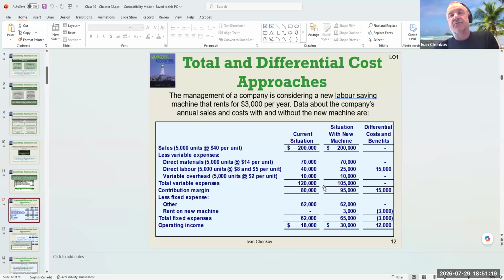So again, one option is to prepare the entire income statement. The other option is to extract only the differences between cost savings and additional costs that we have to pay for implementing the other decision. You have to understand the increase in the income or costs or savings.